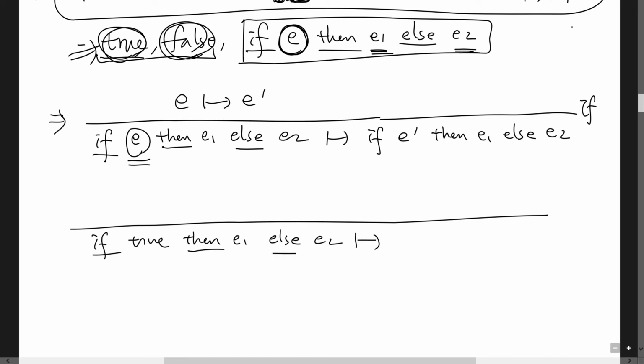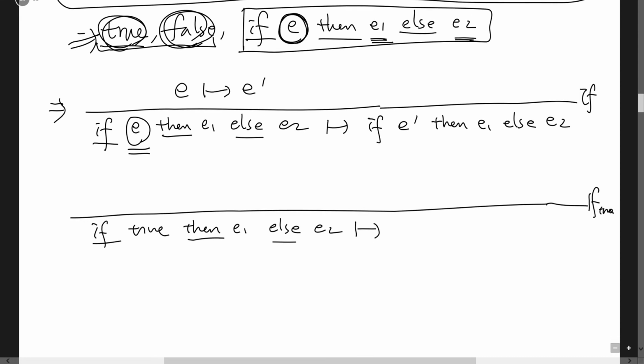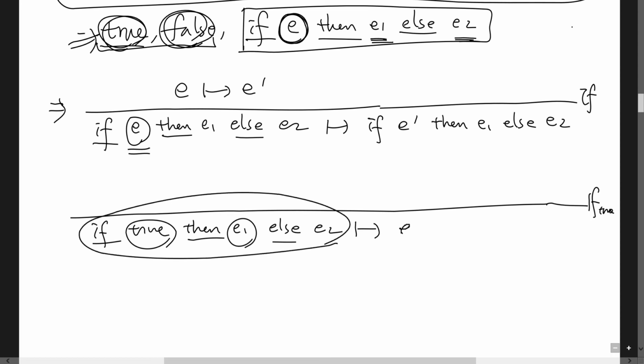Again, here it's your choice how to decide how to reduce this expression. So this is if a true case. But a reasonable choice here again is just to follow our intuition. Because this is true, we simply choose this expression. So the whole expression now reduced to expression E1. So that's a reasonable choice.